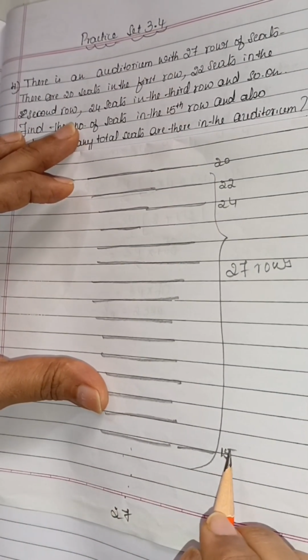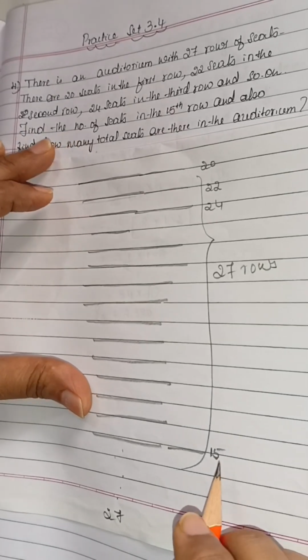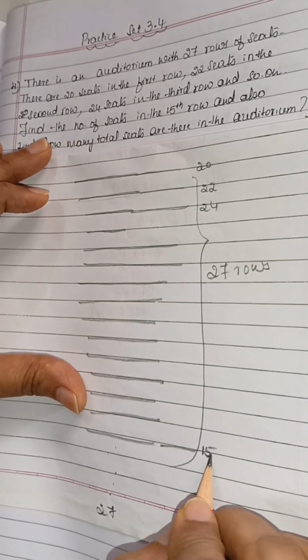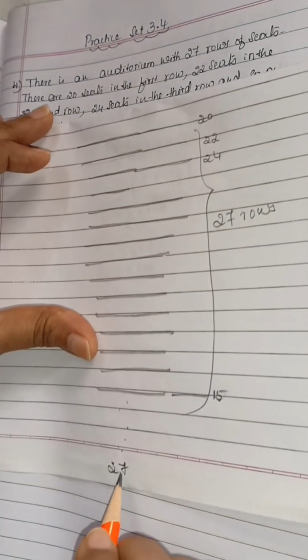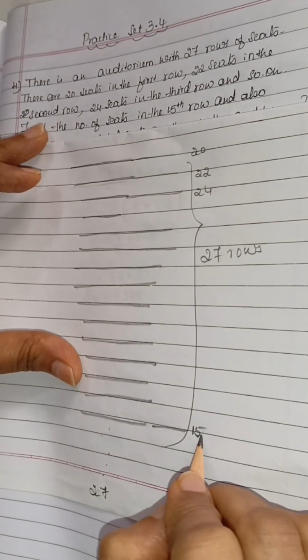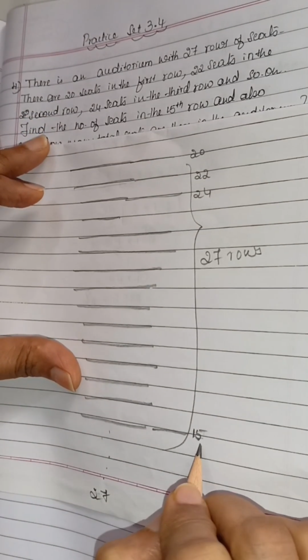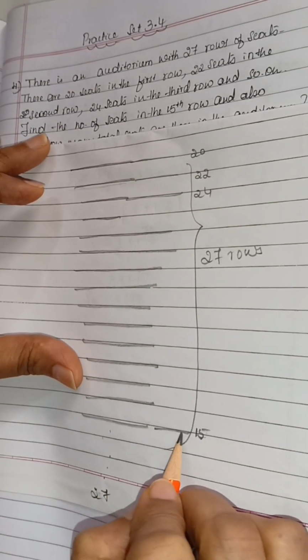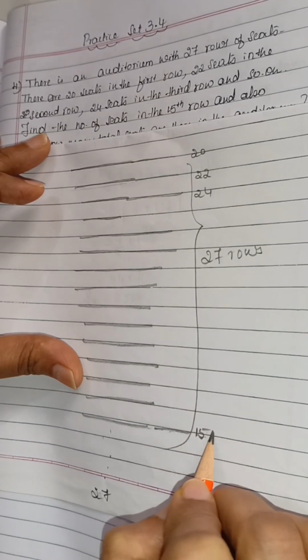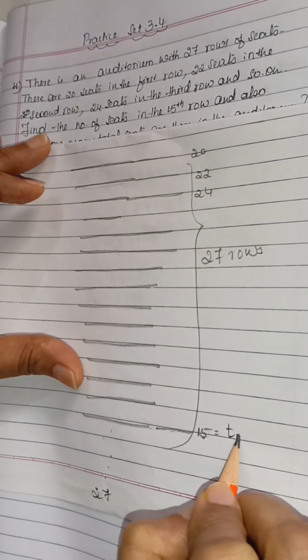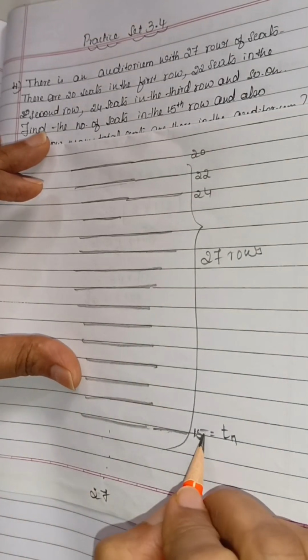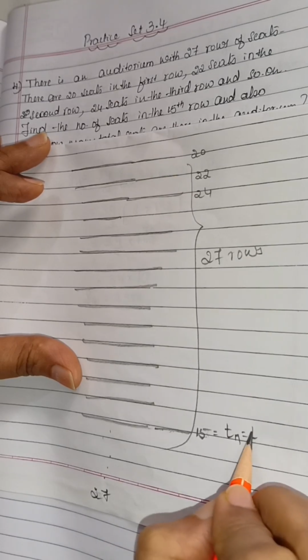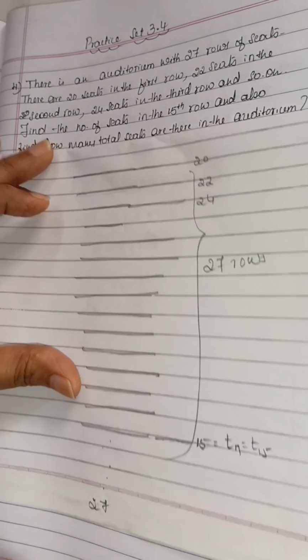We have to find out the seats in the 15th row, that is Tn, that is T15, which we have to find out first.